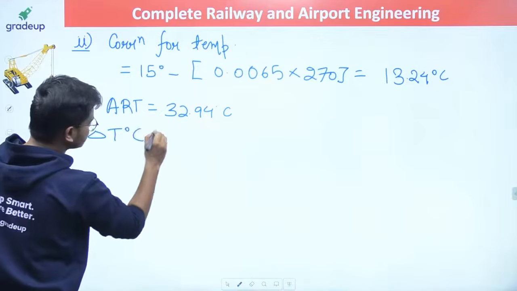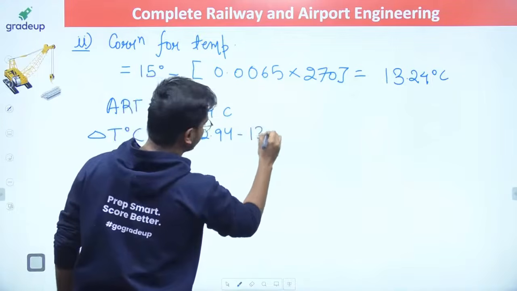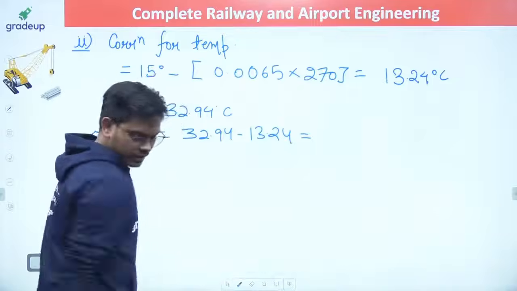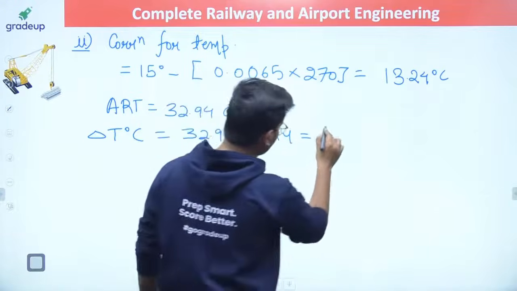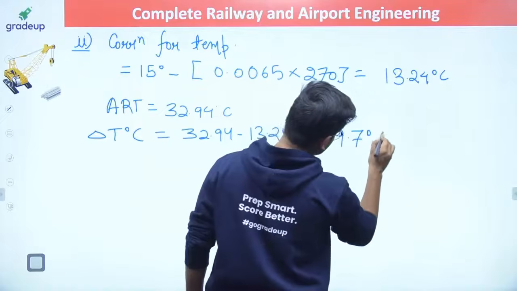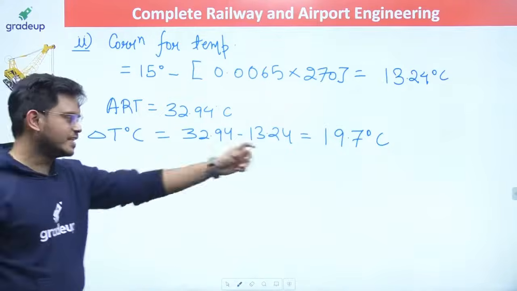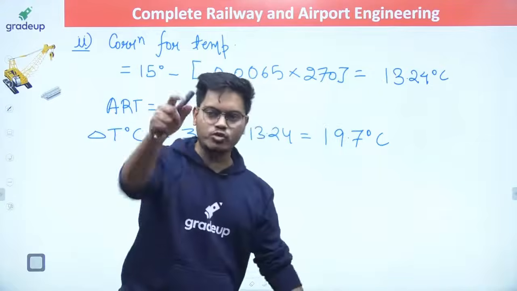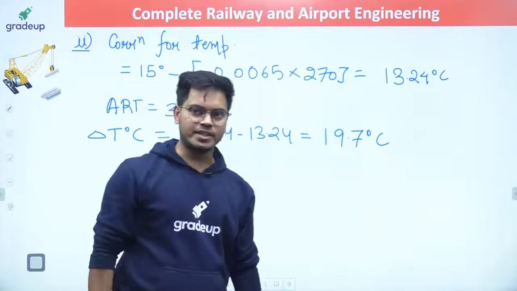Delta T in degrees Celsius is 32.94 minus 13.24. So this value should be 19.7 degrees. So for each degree, I have to increase 1%.